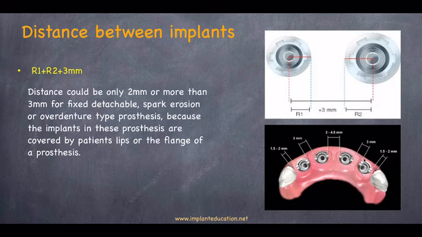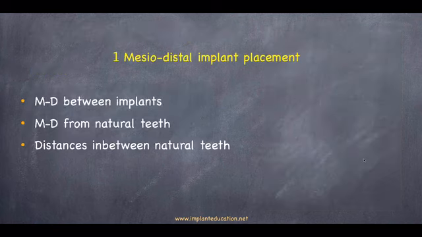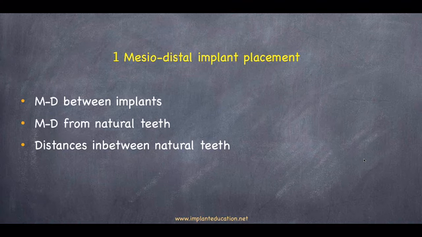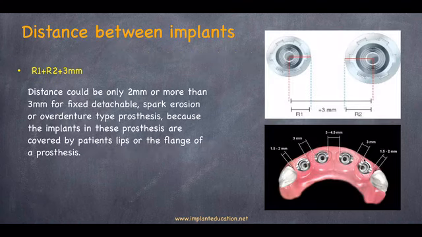How far should I be placing the implants from each other or from a natural tooth? Or what is the minimum distance between natural teeth where I can place an implant and end up with an acceptable looking implant prosthesis?